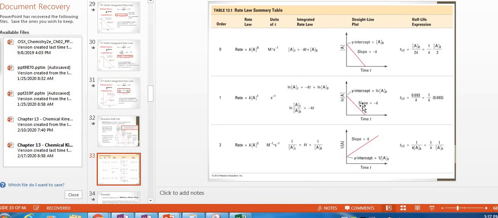So if I take that data and plot the natural log of the concentration versus time, I should see a straight line that will tell me it's first order kinetics.